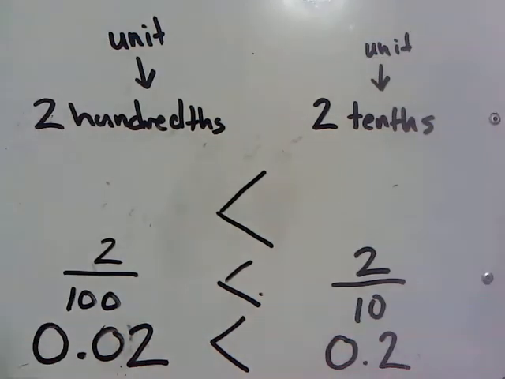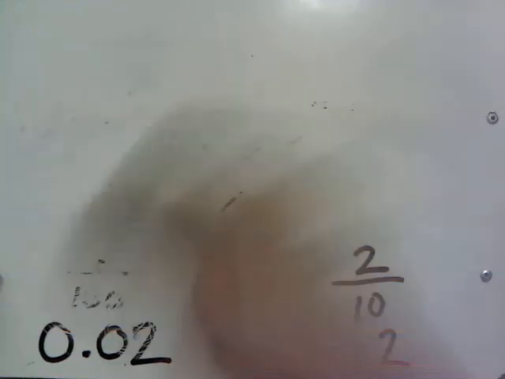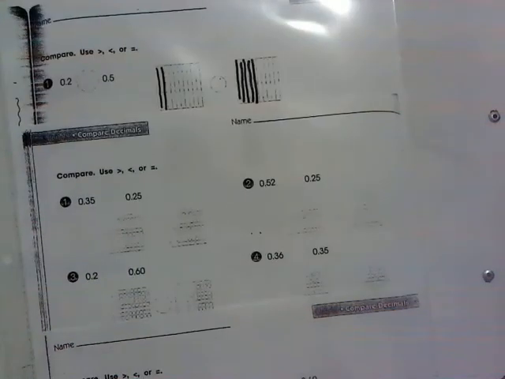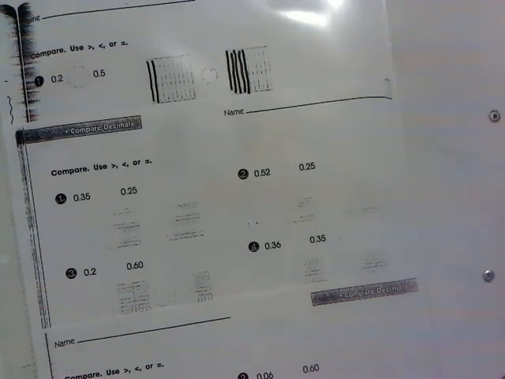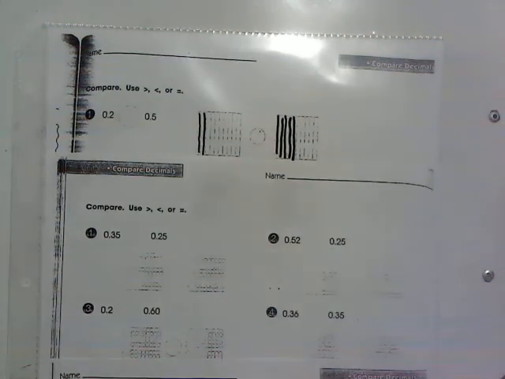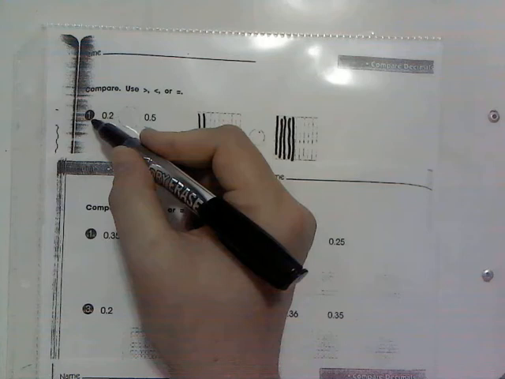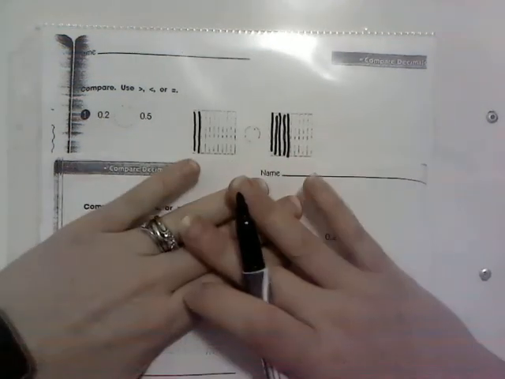Alright, so let's erase this using that idea where our focus is the unit, the type of unit we're talking about, instead of just looking at them as random numbers. I want you to look at this week's practice. If you look at number 1, now I have the other pages.